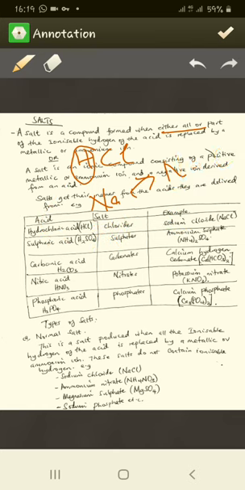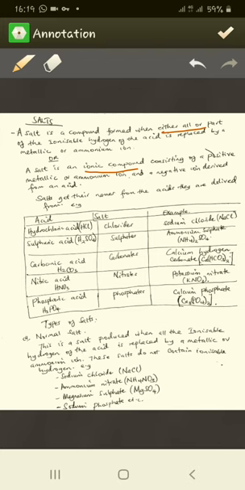It is a compound formed when all or part of the ionizable hydrogen of the acid is replaced by a metallic or ammonium ion. Some other books define a salt as an ionic compound consisting of a positive metallic or ammonium ion and a negative ion derived from the acid.